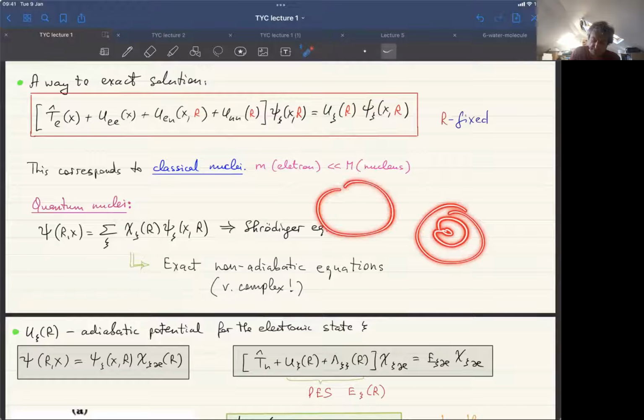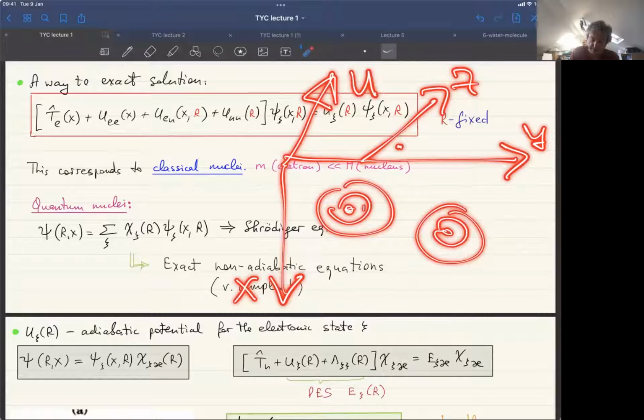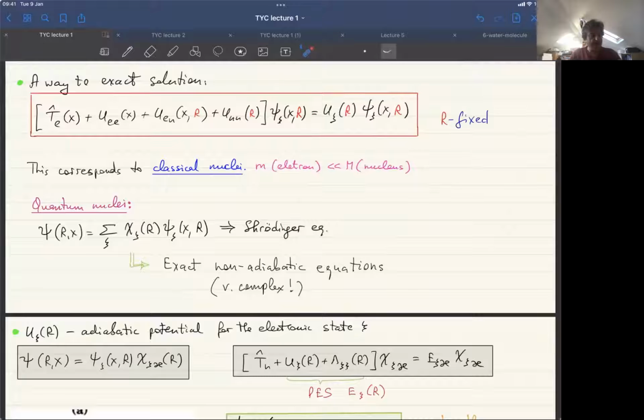So if I imagine some coordinates of my system, say x, y, and some z, many coordinates of all atoms of my system, and the vertical axis would be that energy U, you would imagine that there will be some minima at some positions of the nuclei, where atoms would like to stay, and at other positions you have maxima, saddle points, and these would be points associated with arrangements of atoms which are not mechanically stable, and only these minima in this function with respect to this capital R would correspond to stable positions of the system.